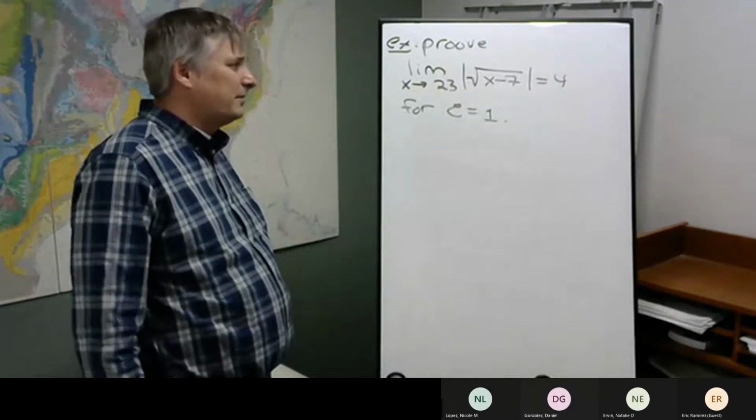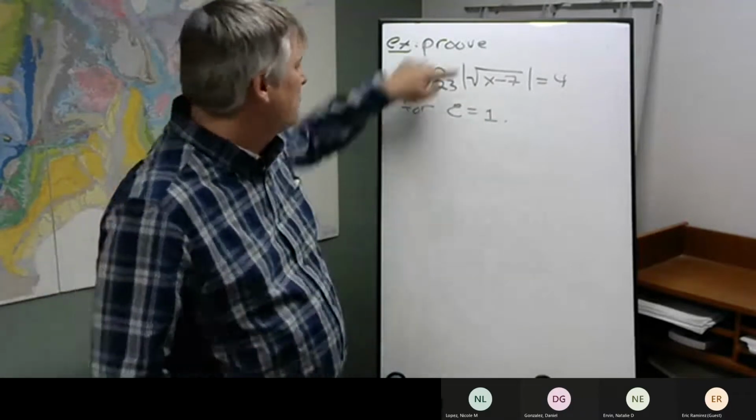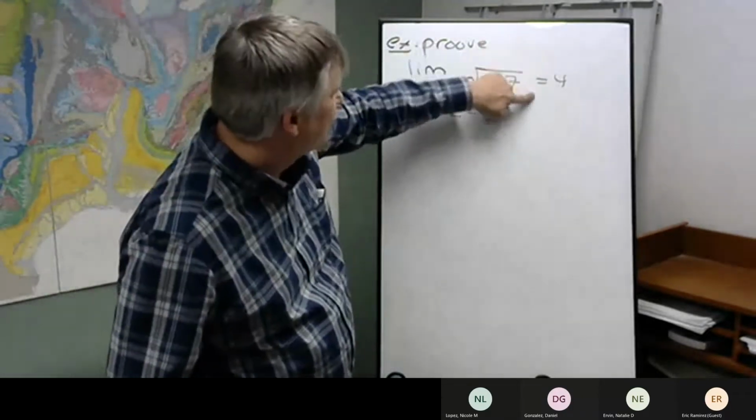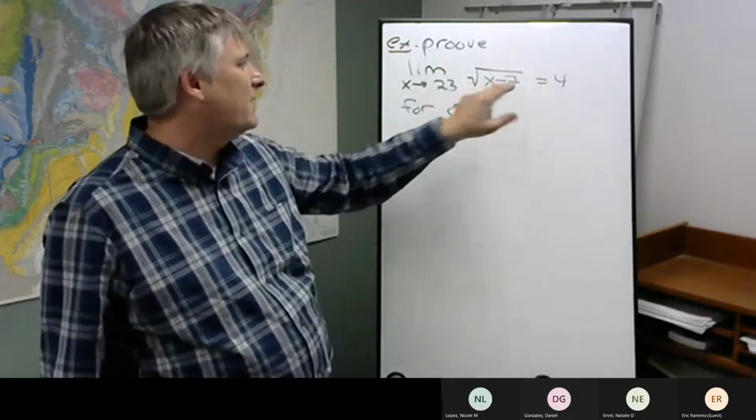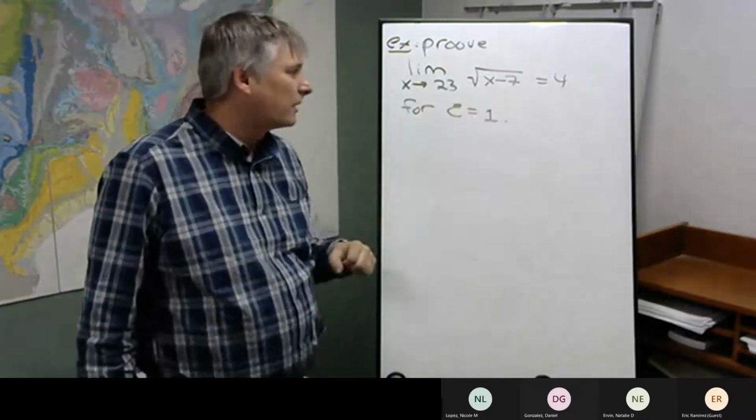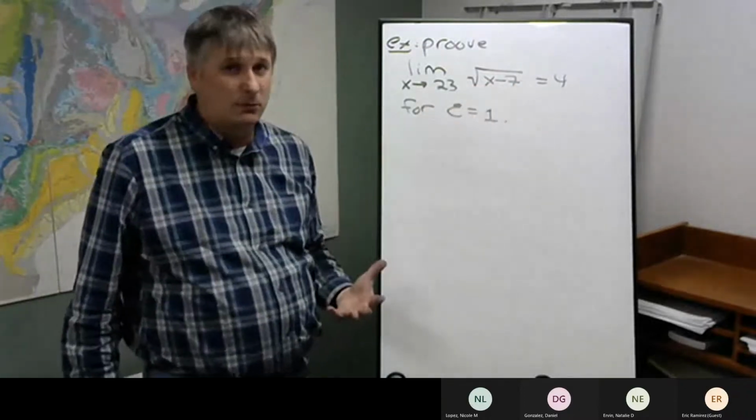So I want to prove that the limit as x goes to 23 of the square root of x minus 7 is equal to 4 for an epsilon equal to 1.